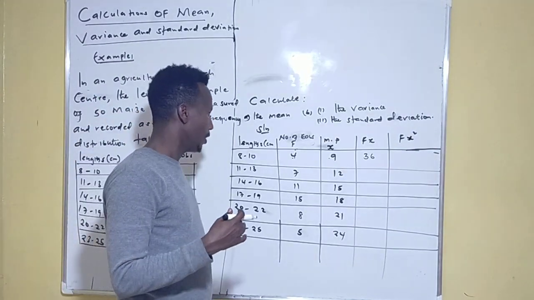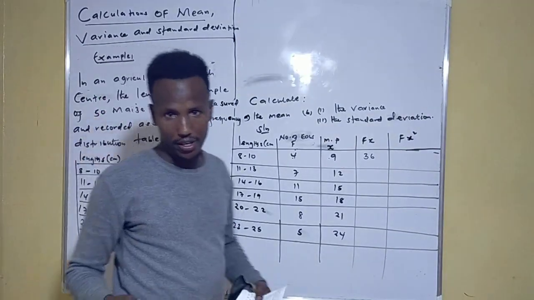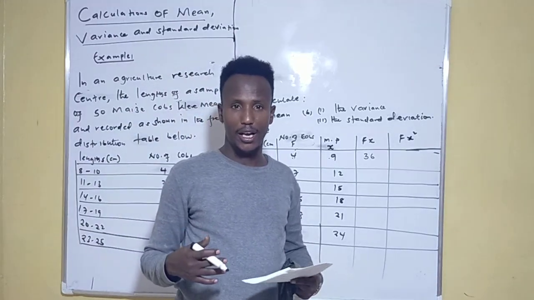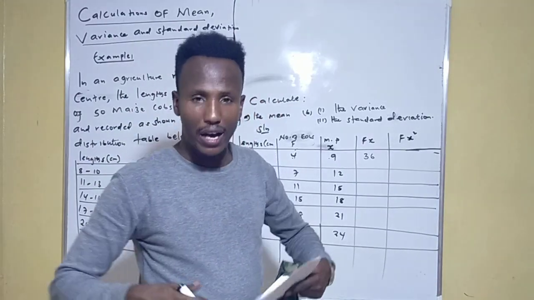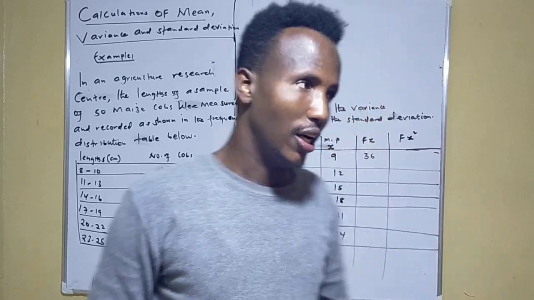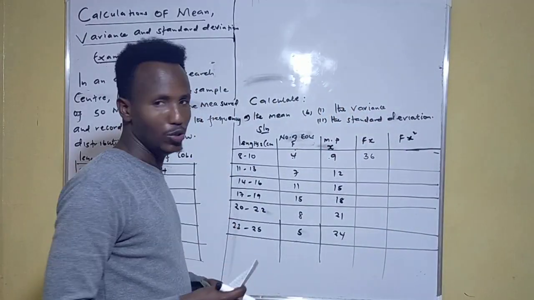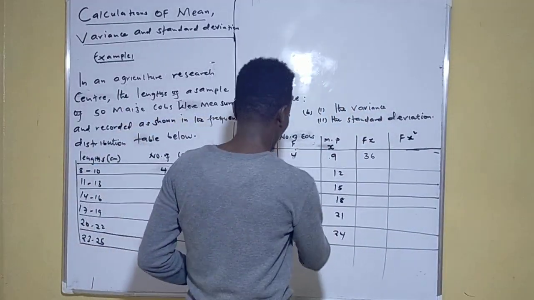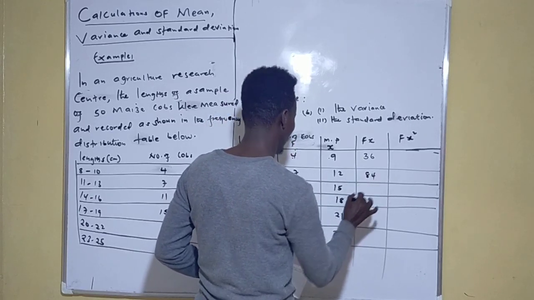But the moment we go ahead, of course you're going to see a variety of concepts where we are going to use a calculator. So this times this is 84.